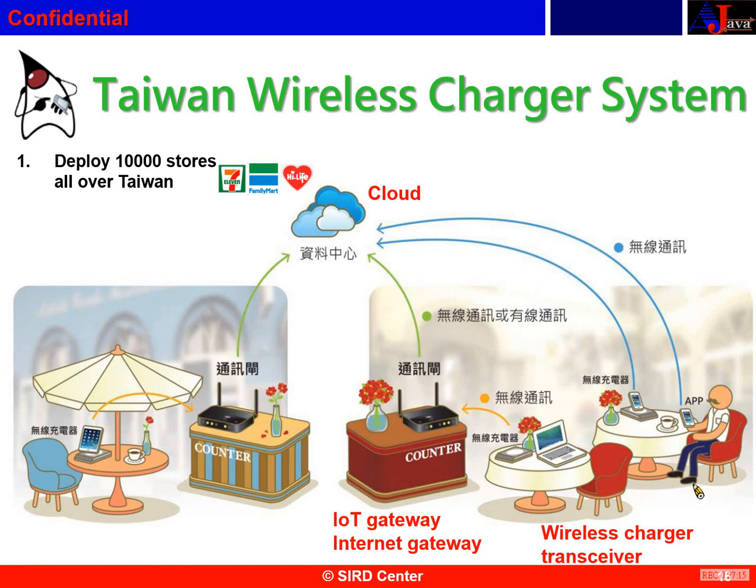So here we just change the end devices to the wireless charger. The whole architecture is quite similar. And here we have another part because you want to operate the commercial application 24/7, right?